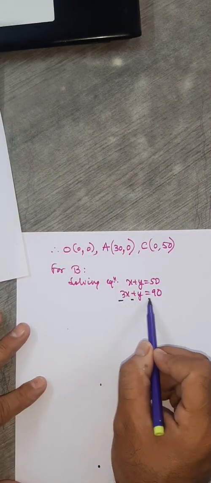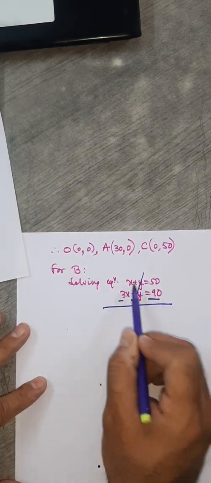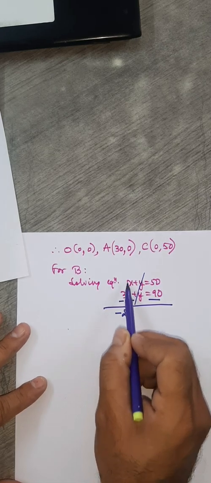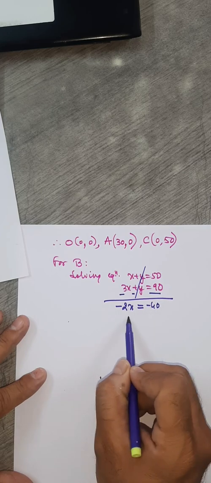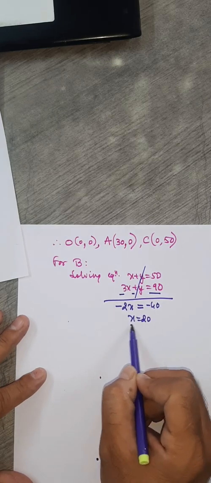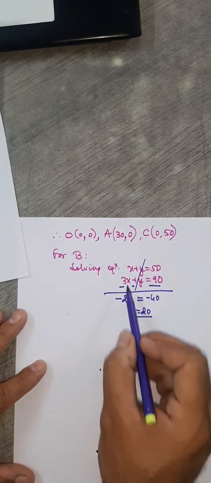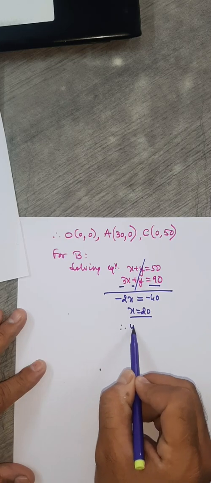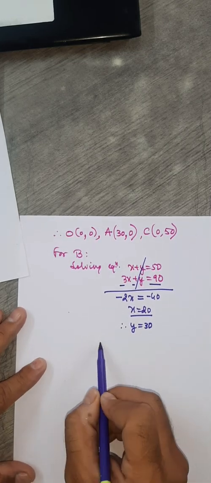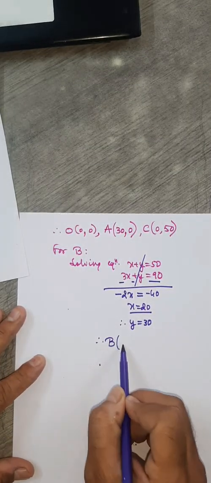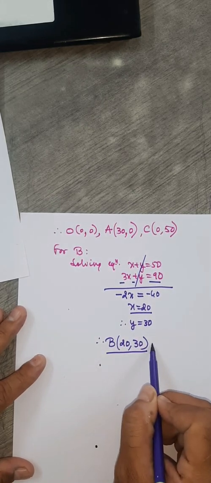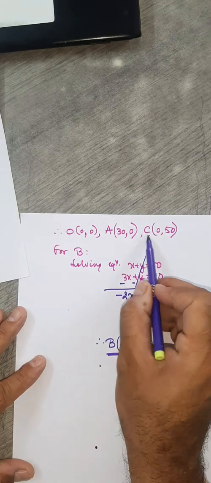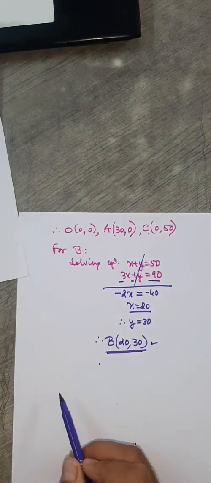Put the minus sign and this will get cancelled. This is minus 2x and this is minus 40, so x equals 20. Put x equals 20 in one of these two, and we get y equals 30. Therefore the coordinates of B are 20, 30. So you now have all the corner points B, C, A and O.